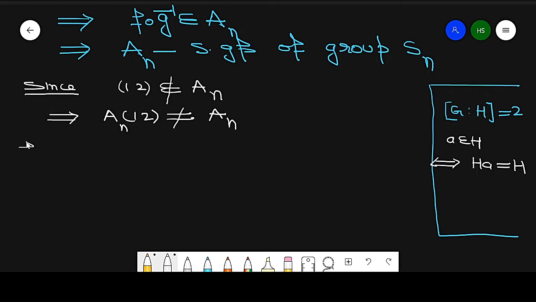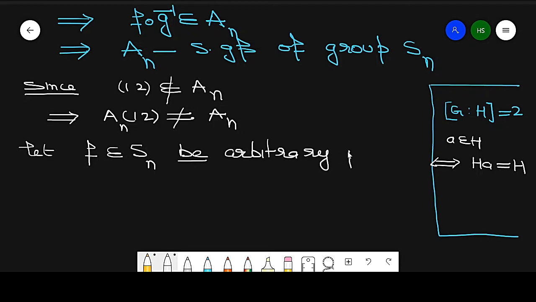Now let me take any permutation f belonging to Sn. So this is any arbitrary permutation. Now it has two cases. Either it is an odd or an even permutation.